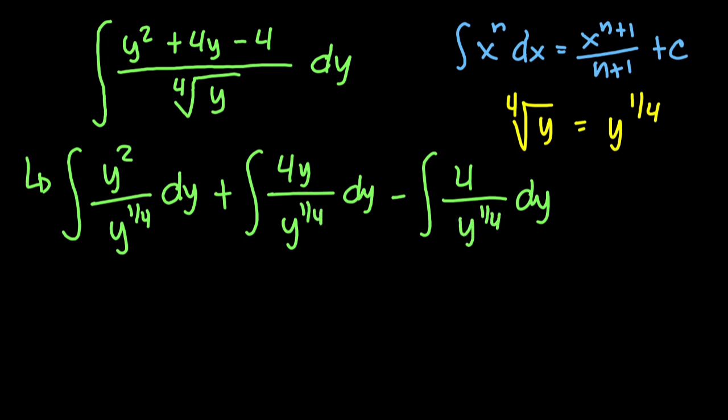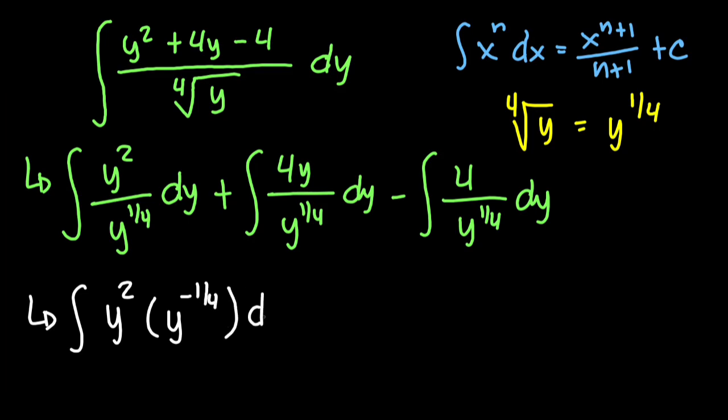The reason we did this is so that we can move this into the numerator, but by doing so, its exponent sign will change. Since this is a positive 1/4, when you move it up, it will become negative 1/4. And so this would be the integral of y squared multiplied by y to the power of negative 1/4 dy.